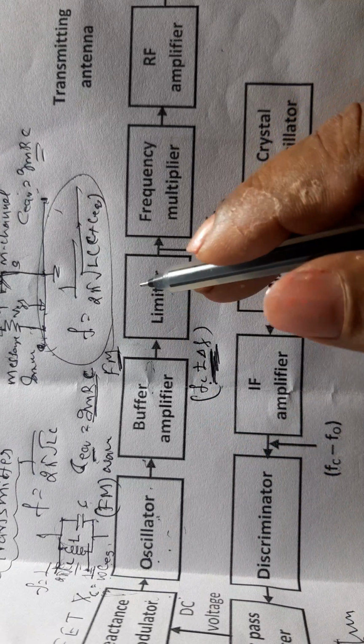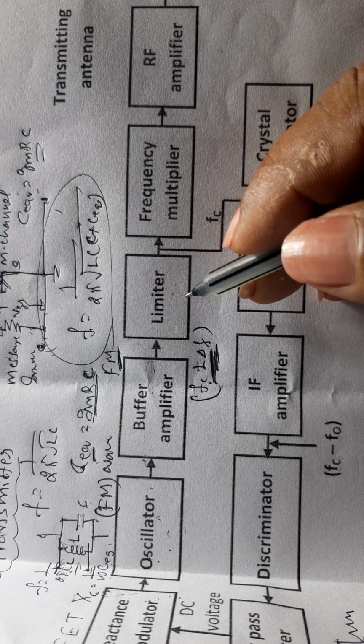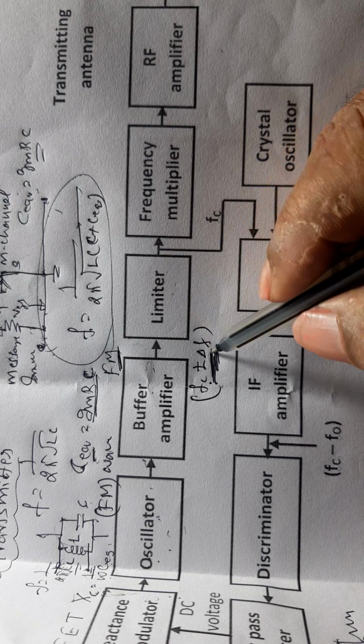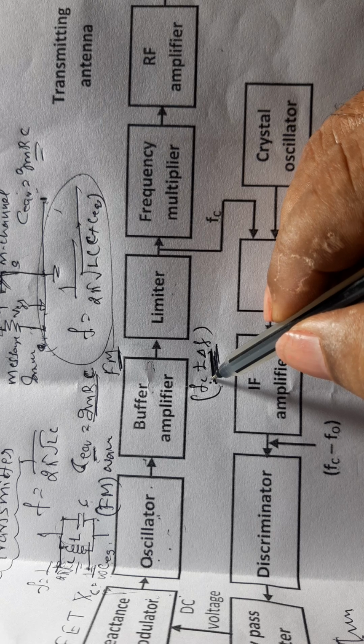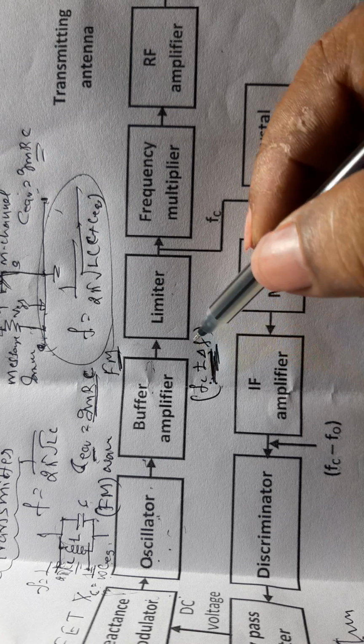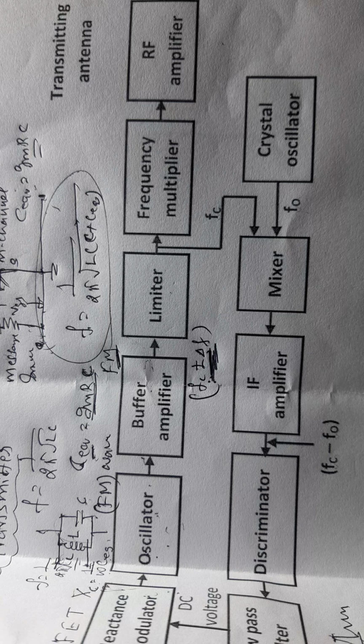Of course, the amplitude is limited, but the frequency deviation may be very small, and the carrier frequency Fc may be only a few megahertz, and this frequency cannot be transmitted for a long distance as electromagnetic radiation. Light frequency is very large.